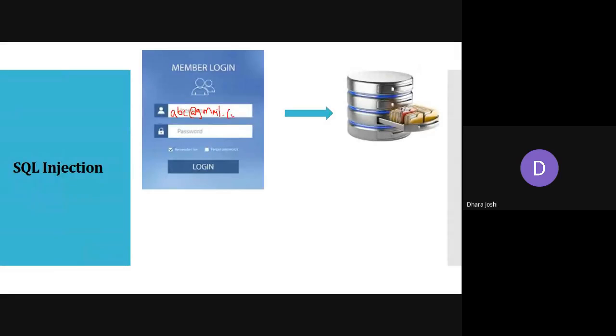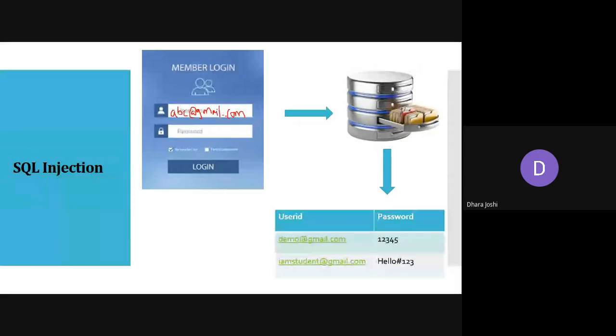Suppose here it is entered as abc@gmail.com. And they give some password like 12345, and they want to access this particular website. Okay, so in the database, when the account was first created, it is stored in a table in the database.